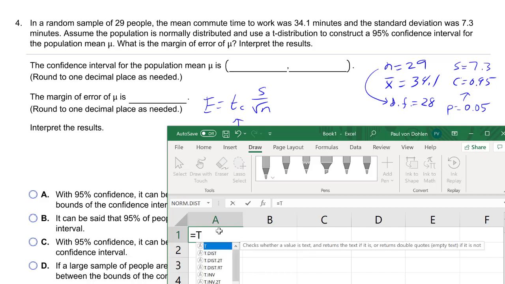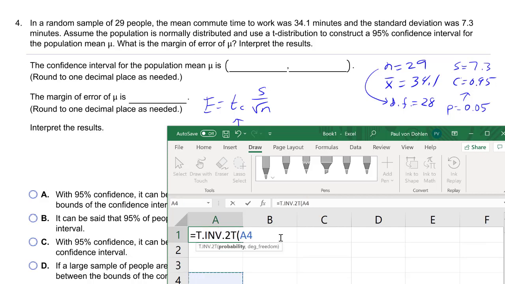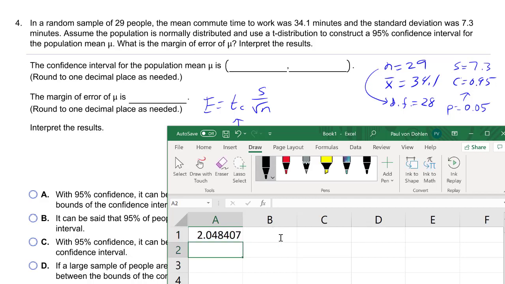Equals t inverse two-tailed. What did we say? We said 0.05, and we said 28, giving us 2.048.